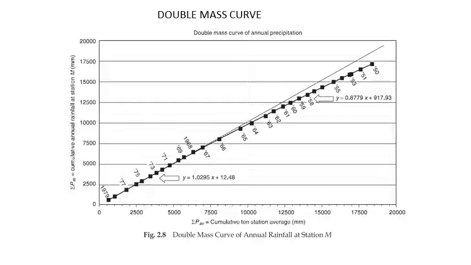Because as per the assumption of this method, if the data is consistent, then it should follow a straight line. Here, however, we found that there is a slight deviation.